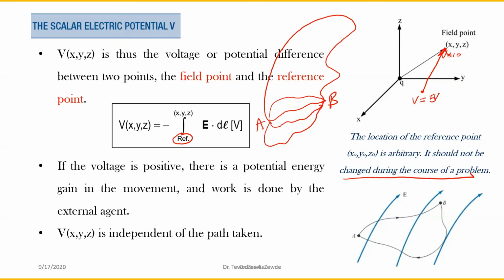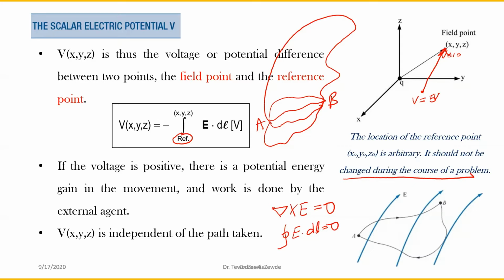That means over a closed path, it is 0. We'll see that. If you remember, the curl of E is 0, right? That's the first basic law of electrostatics. And from Stokes' theorem, we said that the integral of E dot dl is 0 over a closed path.